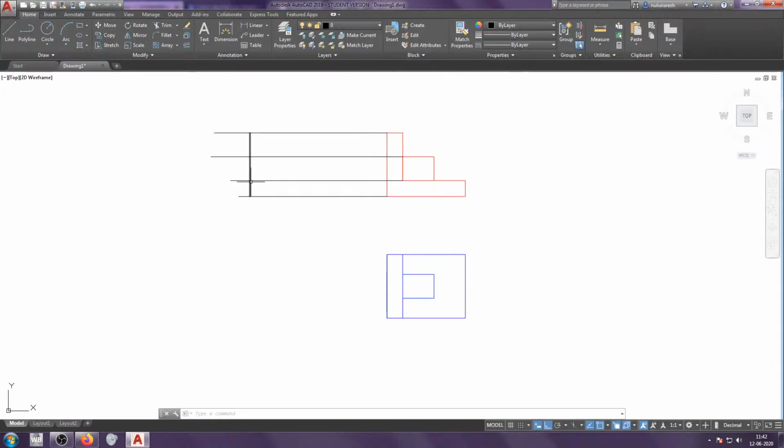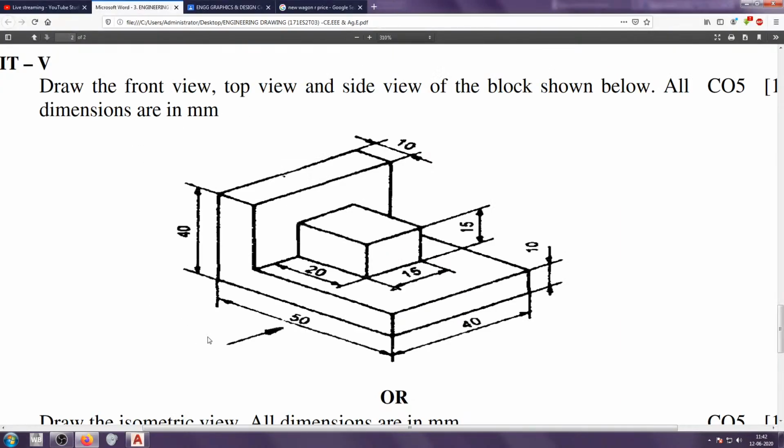So take a dimension of 40, that's fine. You can take it till the end. Now we have mentioned this particular face.